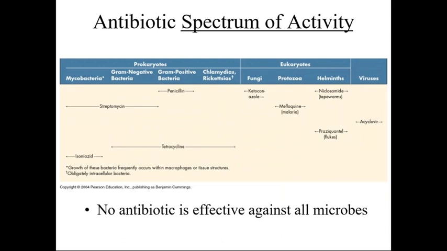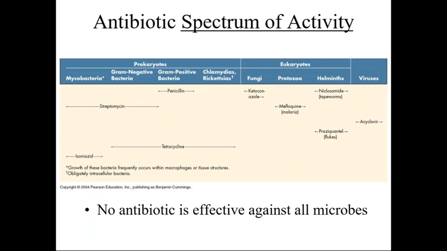And each of these antibiotics has a different spectrum of activity. So the antibiotics can either inhibit the gram-positive bacteria, or they can inhibit the gram-negative bacteria. There is no single antibiotic which can inhibit all the gram-positive and all the gram-negative.